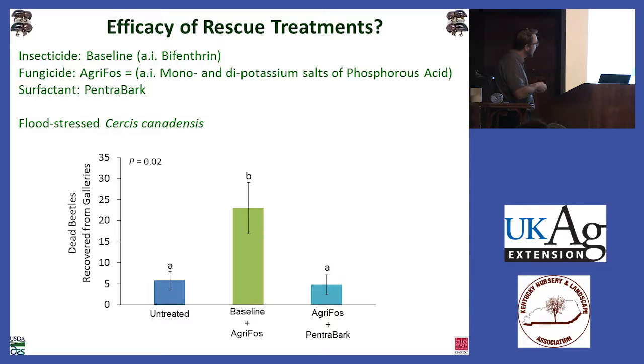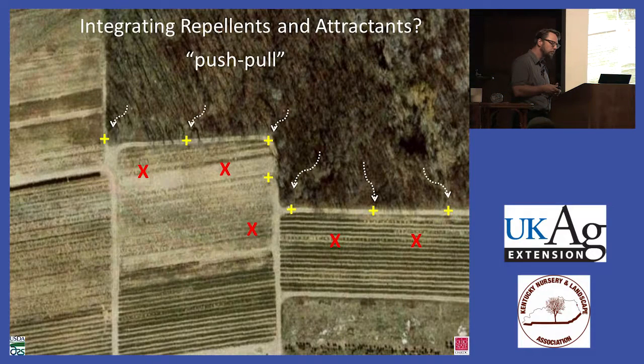And we did find that there were significantly more dead beetles associated with the trees that were treated with a combination of Baseline and Agrifos. So again, the current thinking is that even though the beetles are in the trees, we might still be able to reduce the severity of that colony rather than just saying, well, cull the trees.